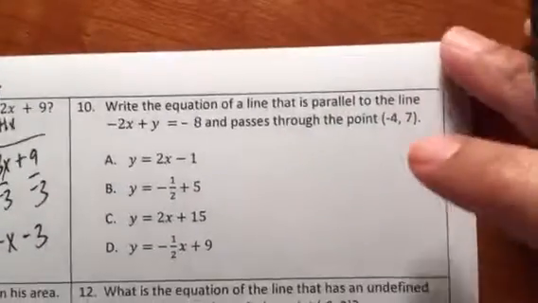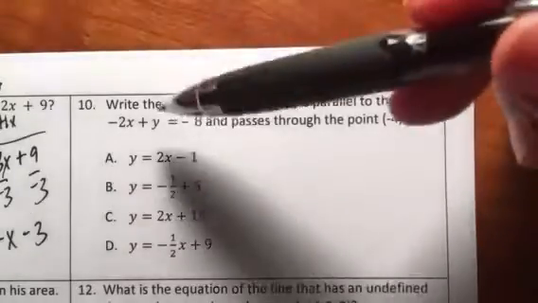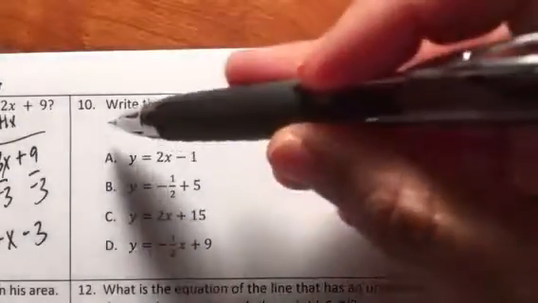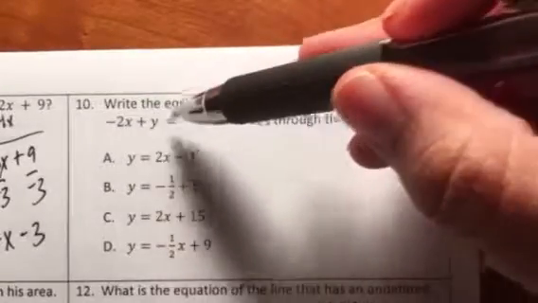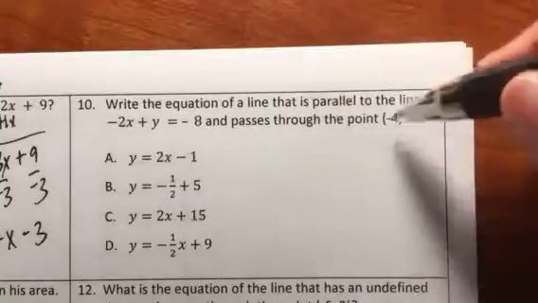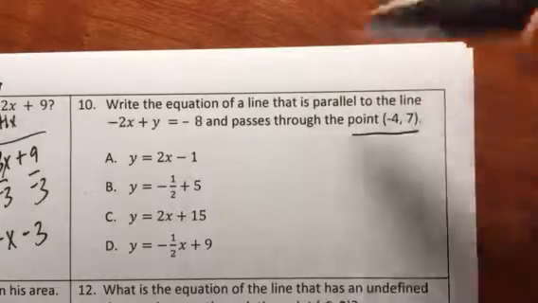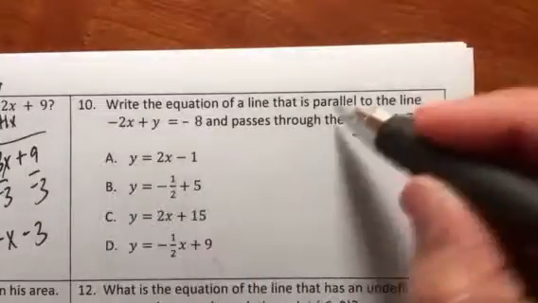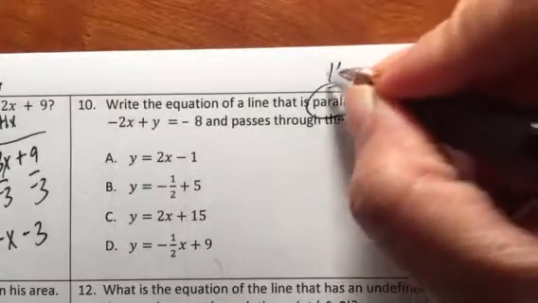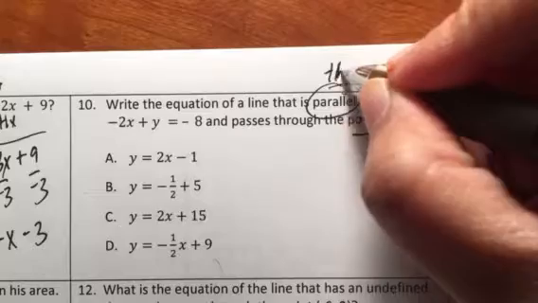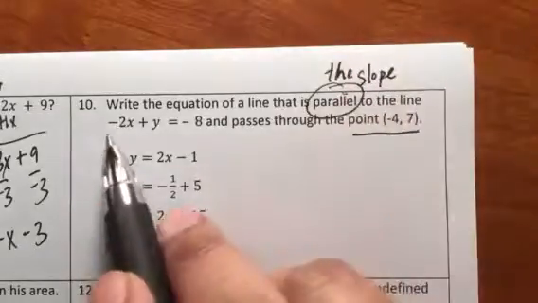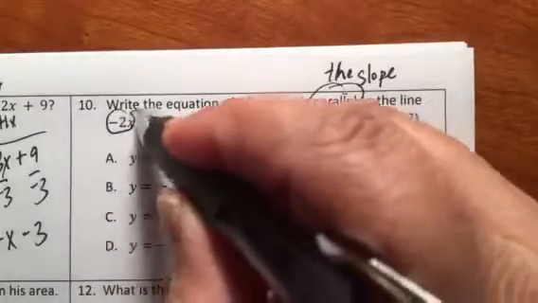Okay, number 10. Write the equation of the line that is parallel to the line negative 2x plus y is equal to negative 8, and it passes through this point. Okay, so first things first, since it's parallel, you need to remember that parallel lines have the same slope. So I need to get this in slope-intercept form.